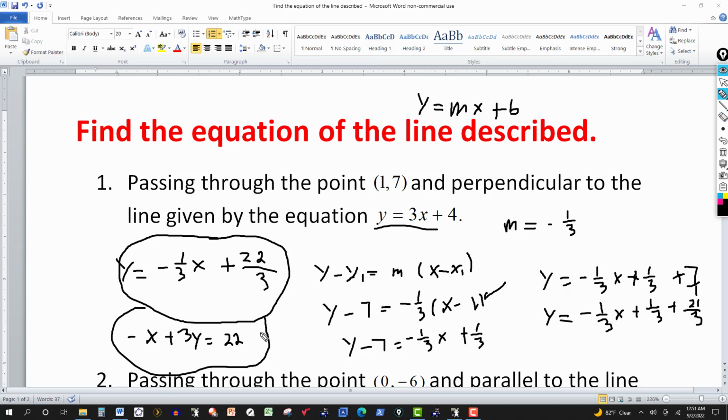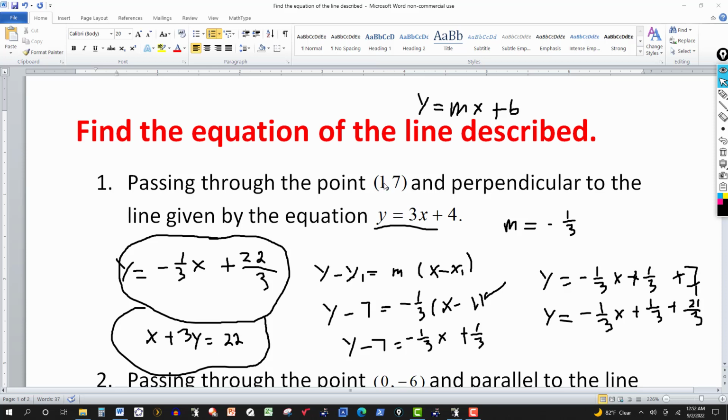And actually, when I multiply by 3, this gives me minus x, so I take it over, so this should be just a plain x here. So the standard form of the line here is x plus 3y equals 22, and let's check it.